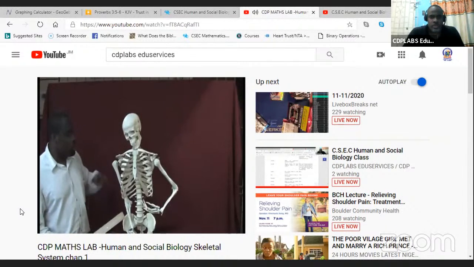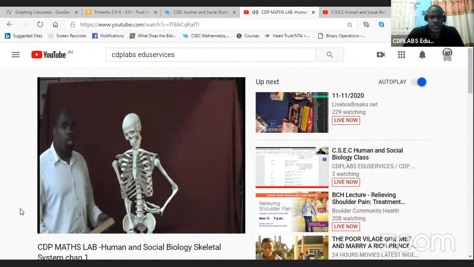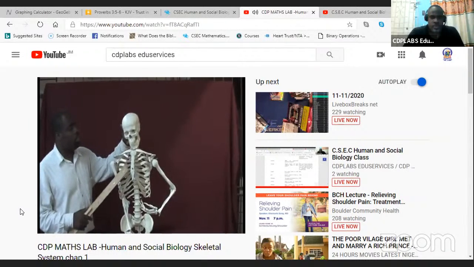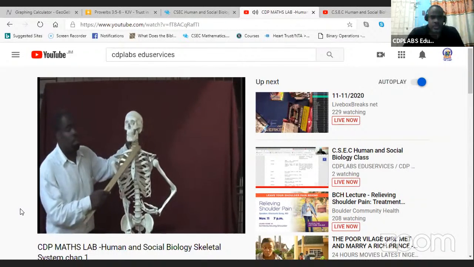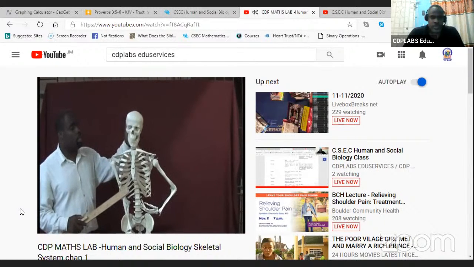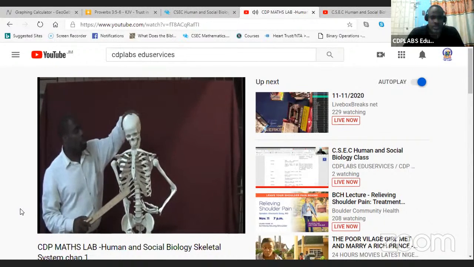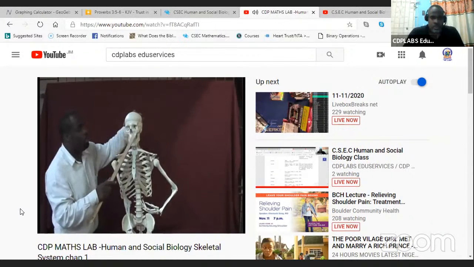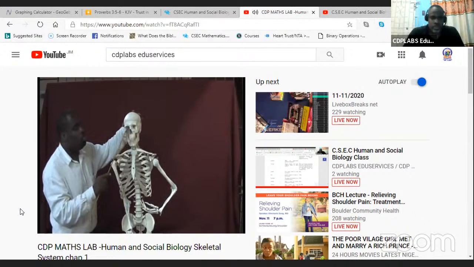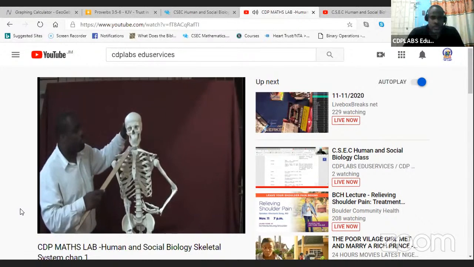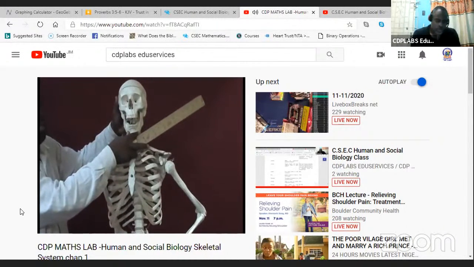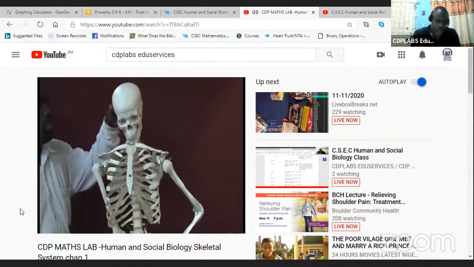So what we're going to do is identify some of these bones that make up Mr. Skelly. First and foremost, let us identify this part. This, of course, as you know, is the skull or the cranium. Along with the cranium, you have the eye sockets, the orbits rather, that protect the eyes, and then of course you have the lower jaw that supports the mouth, gum, the teeth, everything.